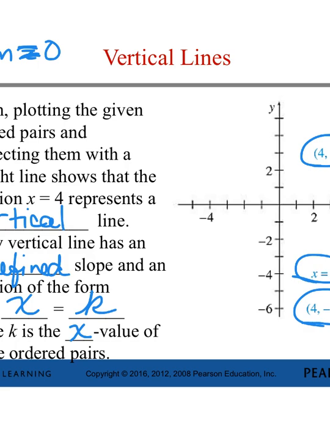Vertical lines, on the other hand, are up and down. And their slope is undefined. Okay? Just remember H for horizontal, straight back and forth across, V for vertical, up and down.